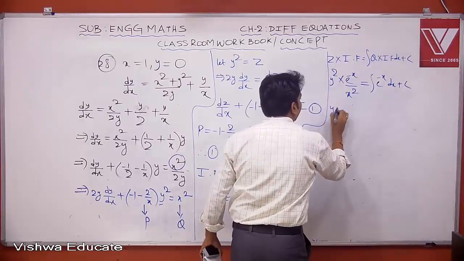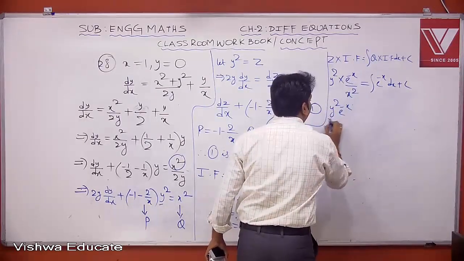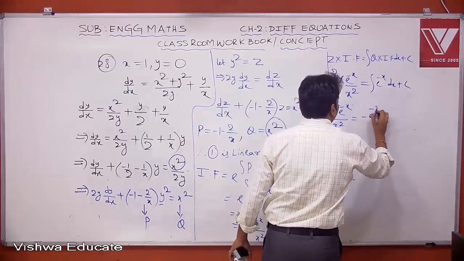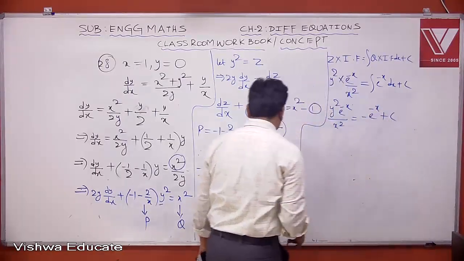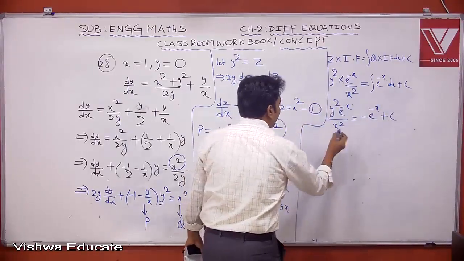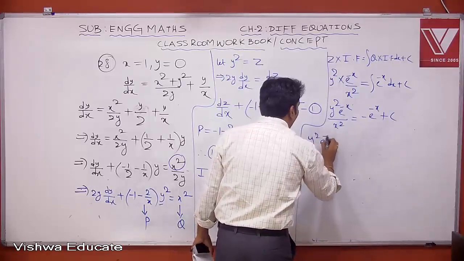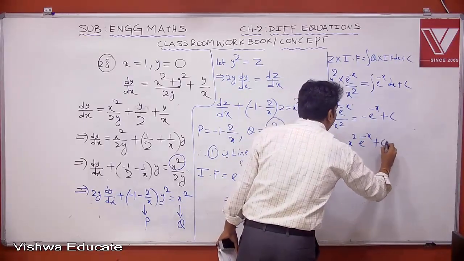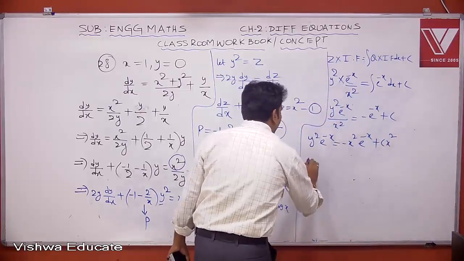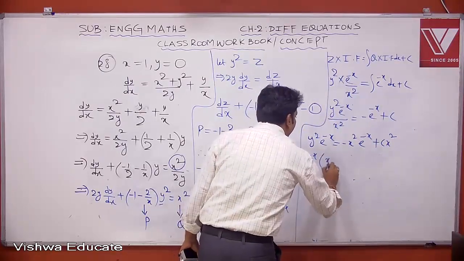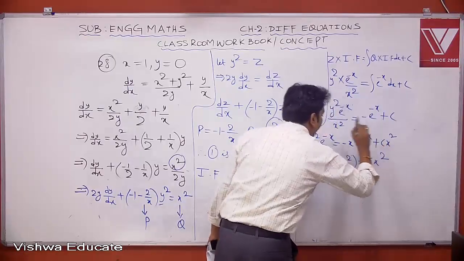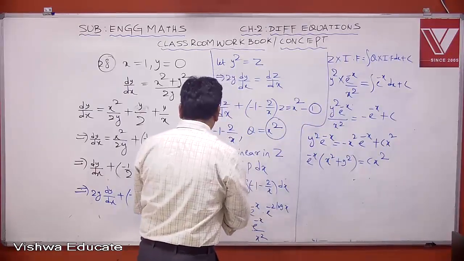So y square into e power minus x by x square equal to minus e power minus x plus c. Therefore, y square into e power minus x equal to minus x square into e power minus x plus c x square. So group these values: e power minus x into x square plus y square equal to c into x square.